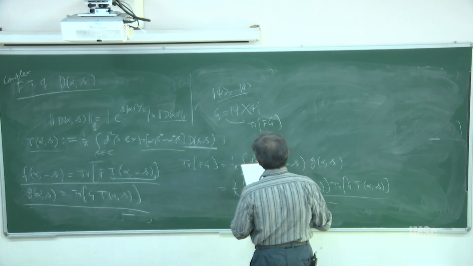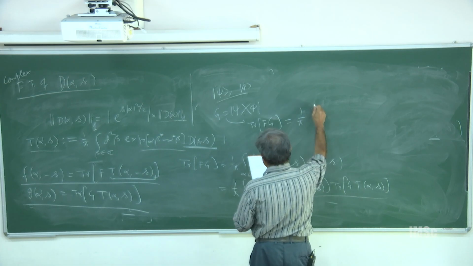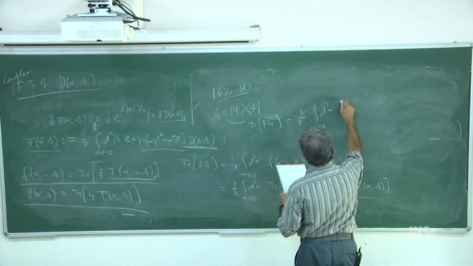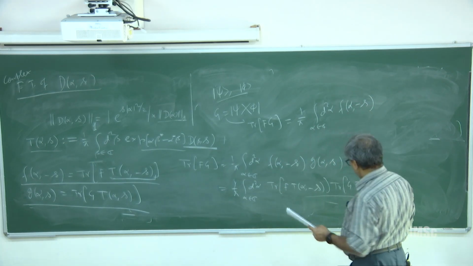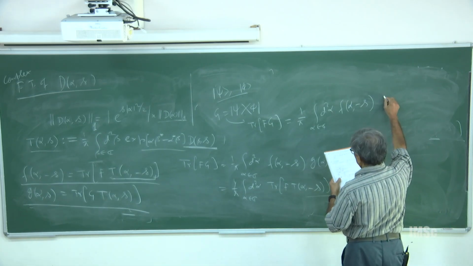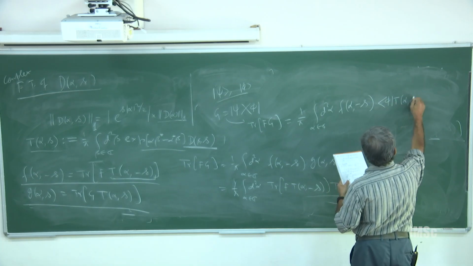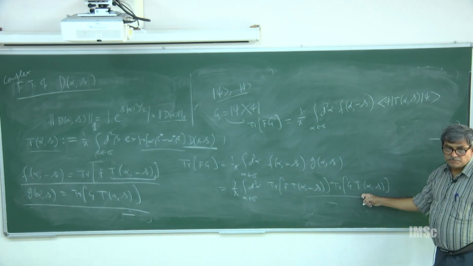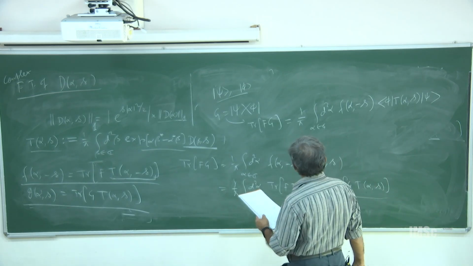So what you will get is 1 upon pi, integral over alpha belonging to C, d square alpha, f of alpha minus s, and now what about this? This is your phi t of alpha s psi. This is what you will get.